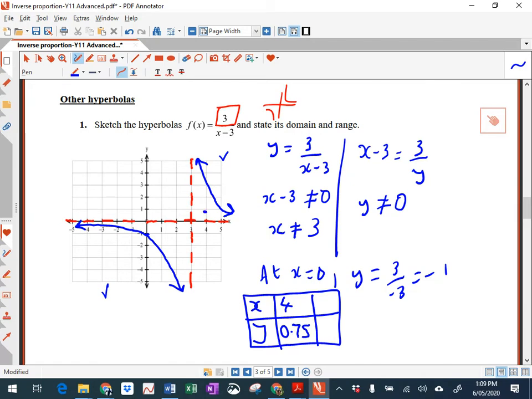So I can see I've missed, you can see my hyperbola should have been a little bit lower there. And over on the other side, you could have tried x equals, say, negative 2. What do you get? 3 over negative 5, which is negative 0.6. Okay, so at negative 2, that's right about here somewhere.